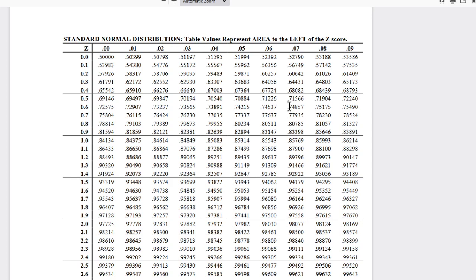This one is given when you have 0.6 plus 0.07, which is 0.67. And here you have 0.68 to give you that, right? So you need to take the average of 0.67 and 0.68, which is 0.675. Okay? You add the two numbers and divide by 2.